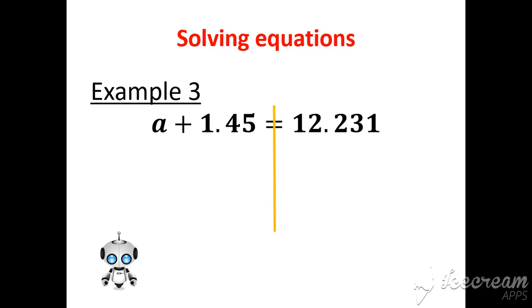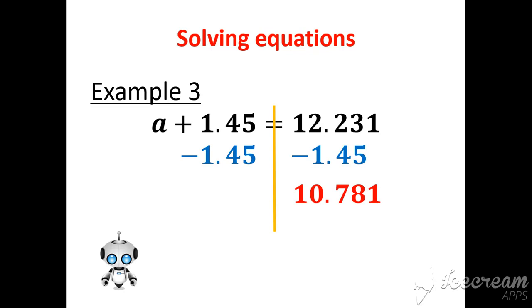Right, line down the middle. See this plus 1.45? We're going to subtract 1.45 because that's the opposite of adding. But if I subtract 1.45 on the left, I must subtract 1.45 on the right. Now, on the right-hand side, I need to go 12.231 minus 1.45. I need my calculator to do that, or a good brain.